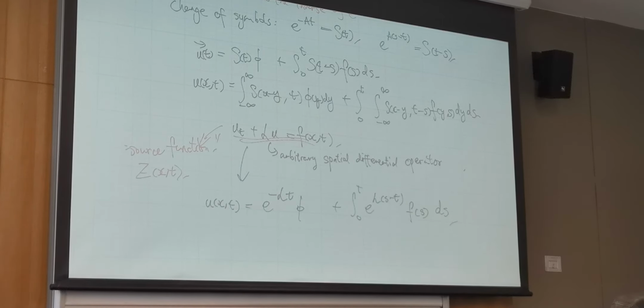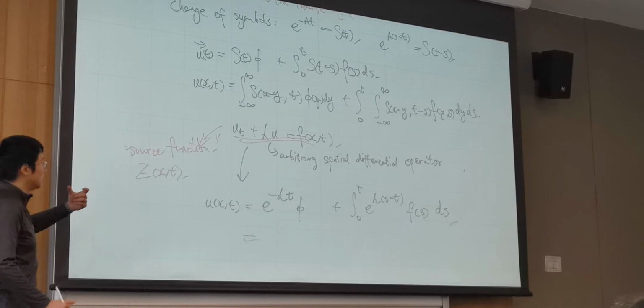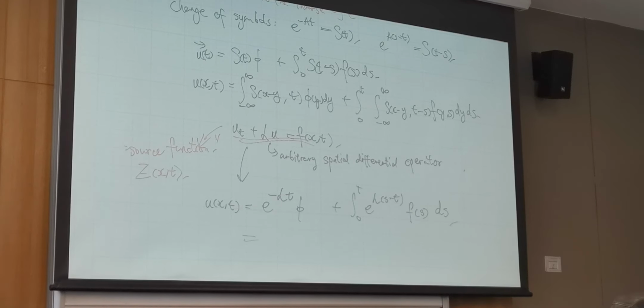Then a more rigorous fashion of writing the solution is going to be exactly from negative infinity to positive infinity, first of all, Z(x minus y, t) phi(y) dy.